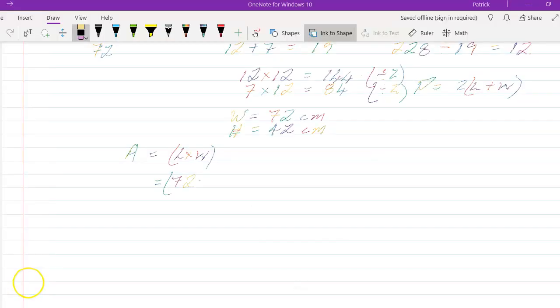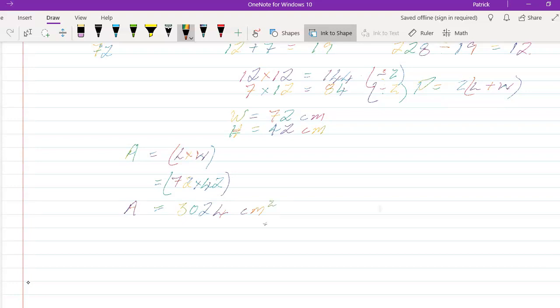Slight miscalculation there, but this is going to be 72 times 42. The area equals, and we'll answer in context, 3,024 square centimeters, or centimeters squared. Do not forget, answer in context.